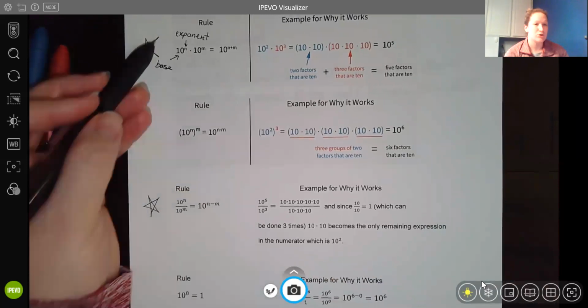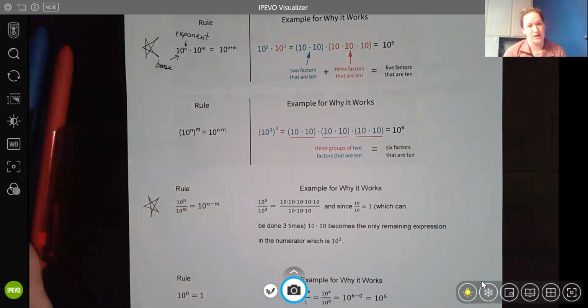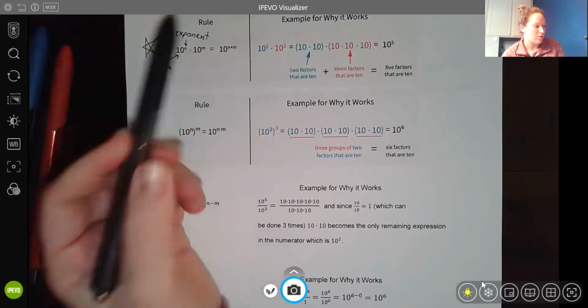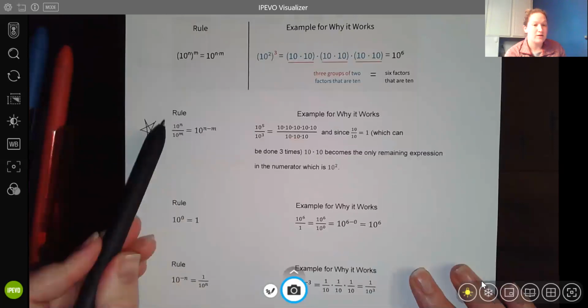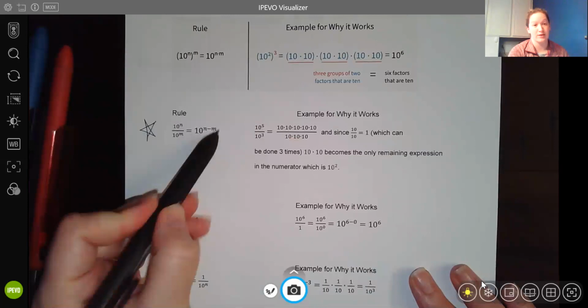So these two laws of exponents come up again. This idea of multiplying when our bases are the same, we add the exponents. And when we're dividing numbers where the base is the same, we subtract the exponents.